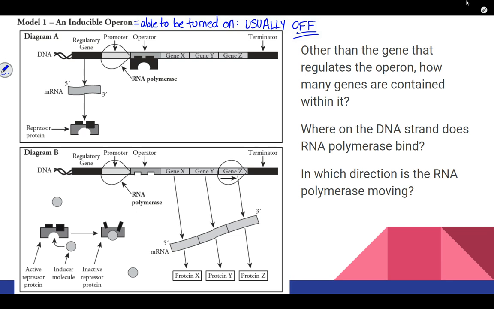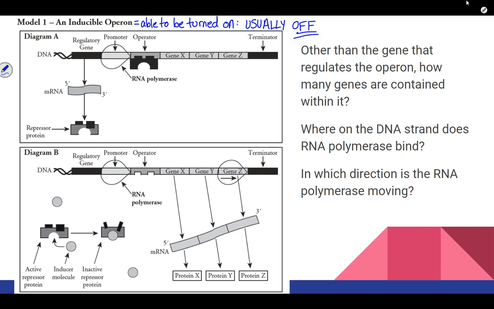Inducible operons tend to be used for clusters of genes that are only necessary to the bacteria in certain situations. And the most common example of an inducible operon is the lac operon. It talks about that one in your note packet. This type of operon is frequently found for digesting substances like lactose.